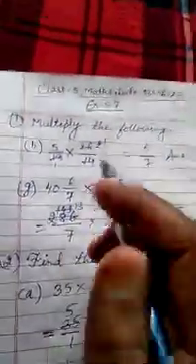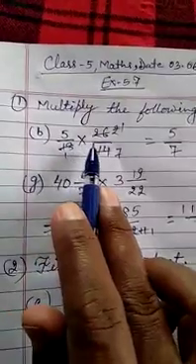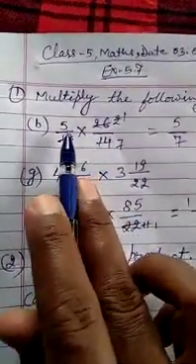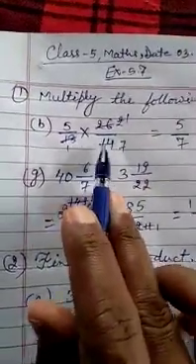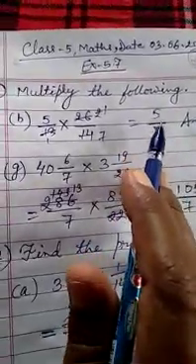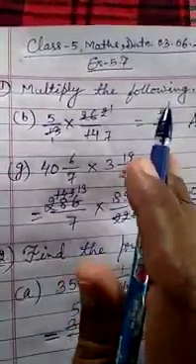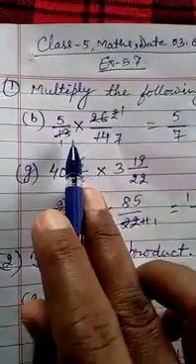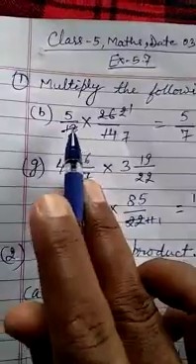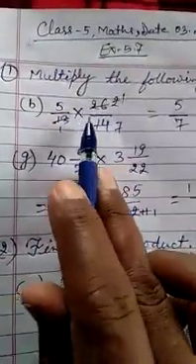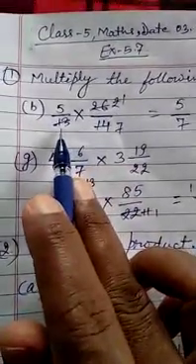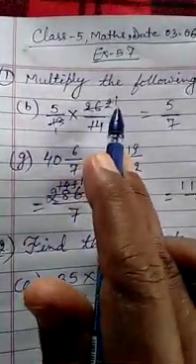So here you see 5 by 13 into 26 by 14. You can multiply 5 into 26 and 13 into 14. Then you will write the answer, and after that you will divide and write the answer in the simplest form. Another way, as we have done in this video: we will divide here. 13 is in the denominator place and 26 in the numerator place.